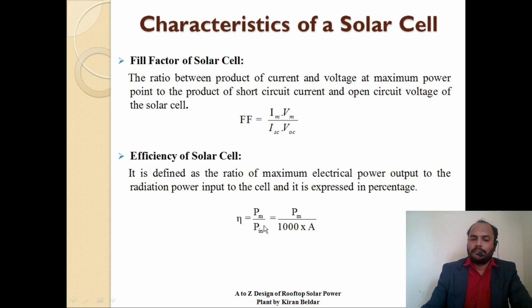Let's say in the afternoon we put a solar cell outside. The input power that the sun gives to the solar cell and the electricity the solar cell gives to us, that ratio is the efficiency of the solar cell. The formula is eta equals Pm upon Pin, which is further equal to Pm upon 100 multiplied by A.